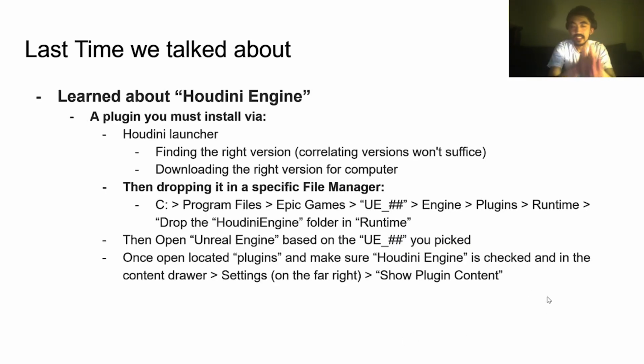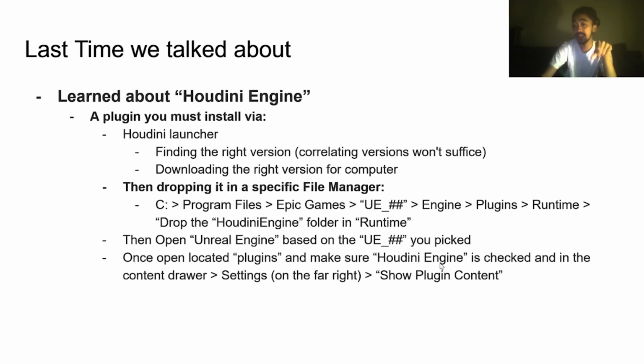So the biggest thing here is that I learned how to install it. Oh my gosh, I can't highlight it, but essentially this is the file layout that they don't tell you so specifically, but I'm labeling it here just so I know that it's here. And then you need the right version, and you have to make sure that you check mark Houdini Engine and show plugin content.